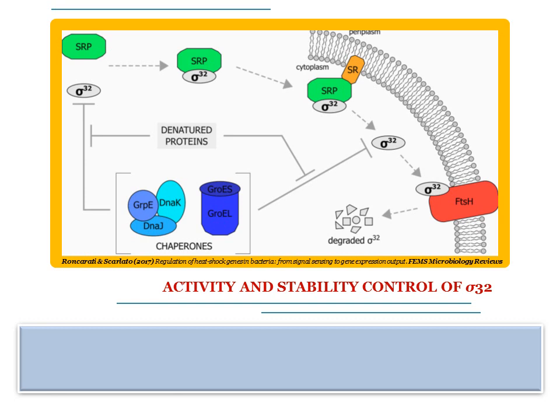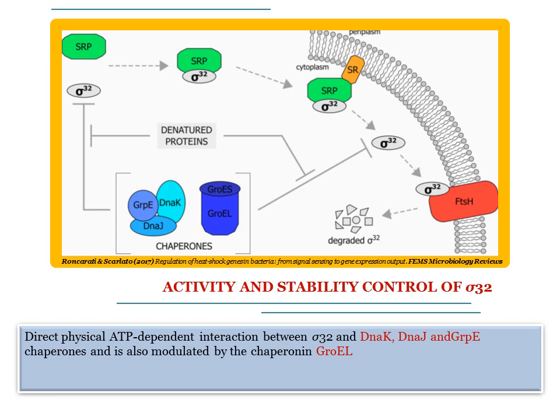Now an example of this kind of regulation, whereby proteins are acting as sensors, is very clearly evident in the activity of the heat shock responsive transcription factor, that is sigma 32. As evident, there is a direct physical interaction of these chaperones, namely DnaK, DnaJ, GrpE, and this is also supported by the chaperonin GroEL.